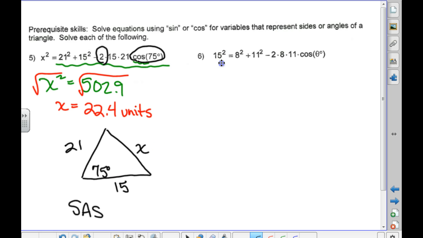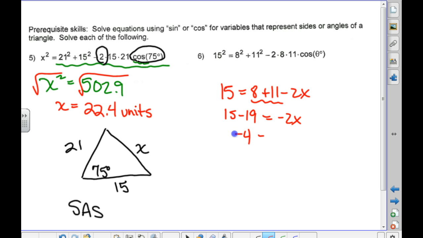Now, on number 6, I just want to solve a simple algebra equation for a minute. If this said 15 equals 8 plus 11 minus 2x, how would you solve that? Okay, you could add those two together if you want and then subtract it over to the other side, right? So that would be 19, so 15 minus 19.